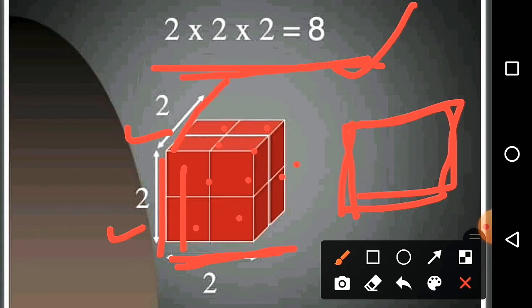Here again we are multiplying the same number three times and getting 8, and the solid figure we get is also a cube. With the help of small cubes we are making one big solid cube, and it also has length, breadth and height all equal. So this is one example where we can relate both the topics.